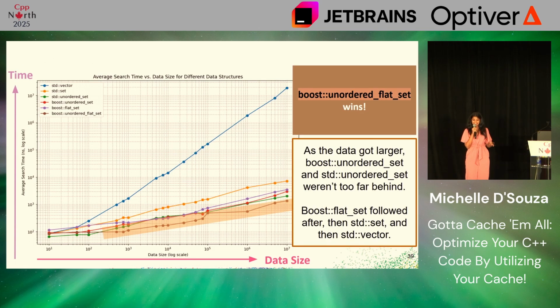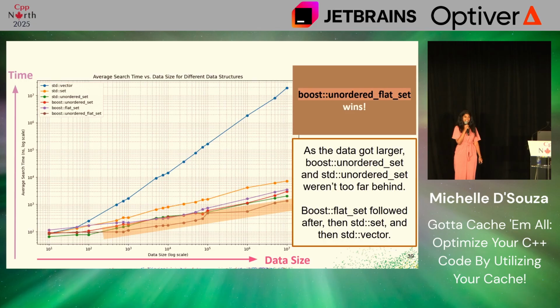Because maybe it depends. So I have a graph here, really showing the data sizes on the x-axis, and on my y-axis, I have the average search time for each of these data structures, represented by the different lines. I hope the colors show on the slides.